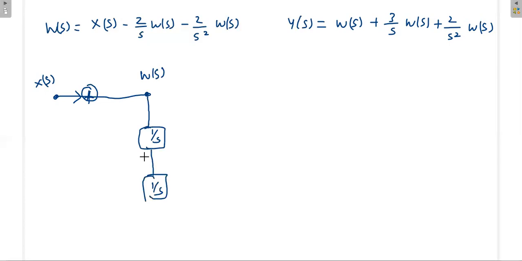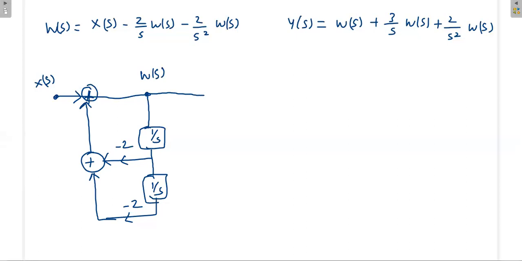The first integrator with the sign of minus 2, the second integrator with the sign of minus 2. They will be added here, and again it will be added with the original function x of s. So now x of s is coming, and also W of s multiplied with 1 by s multiplied with minus 2 is also coming. And then similarly W of s multiplied with 1 by s square, and also this minus 2, and then again you are adding that also. So finally you will be getting W of s.